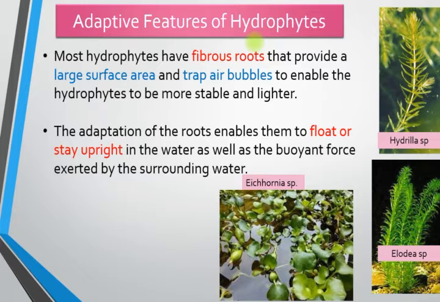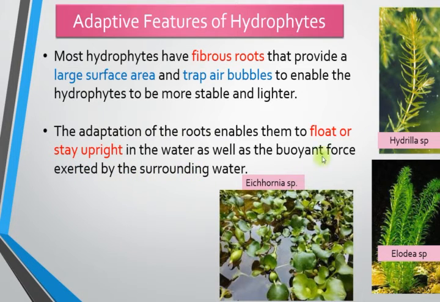So most hydrophytes have fibrous roots to provide a large surface area and trap air bubbles, to enable the hydrophytes to be more stable and lighter. This adaptation of the roots enables them to float or stay upright in the water, as well as the buoyant force exerted by the surrounding water.